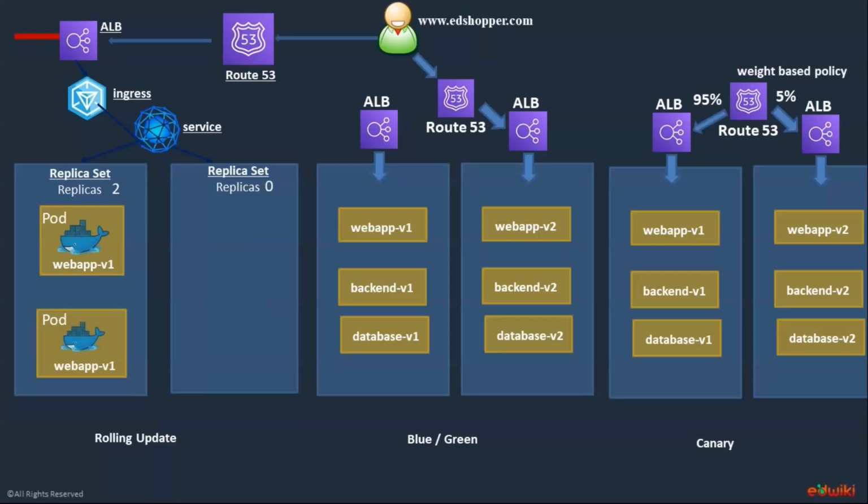After another day, V1 version 10, V2 version 90. After another day, you make V1 version 0, V2 version 100, so that the complete migration is completed. All the traffic is now going to the V2 version only. You are gradually increasing the traffic to the new version rather than one time. It's a safer bet sometimes.